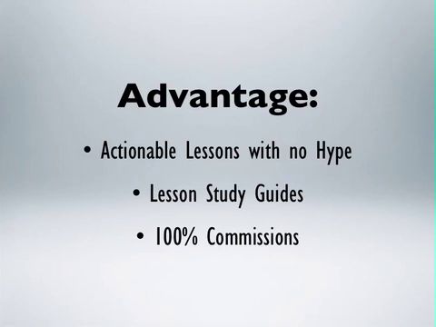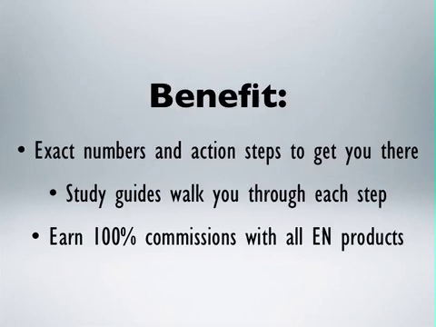Okay? You become an Empower Network affiliate. That costs you only $20 a month, and it allows you to essentially sell these products to other people. Okay? So, 100% commissions across the board right from the beginning.